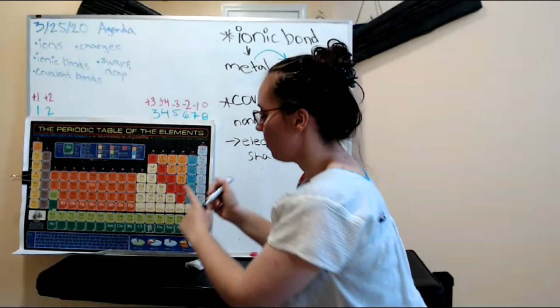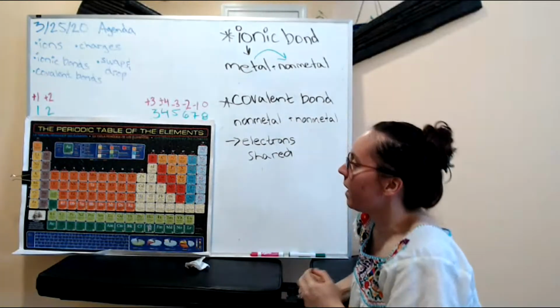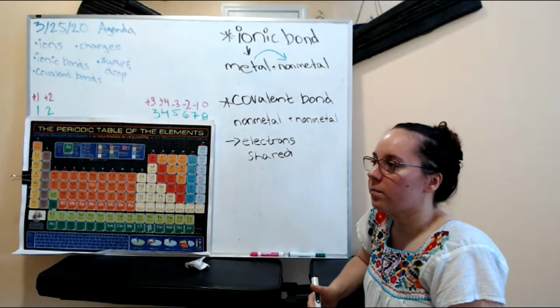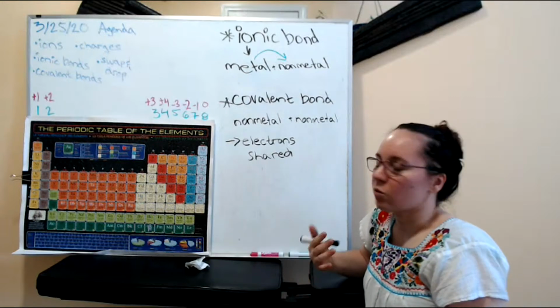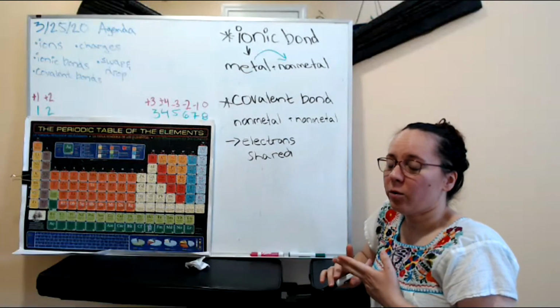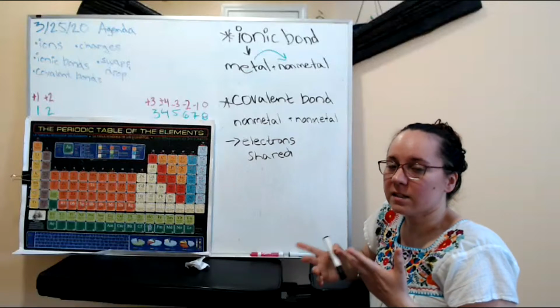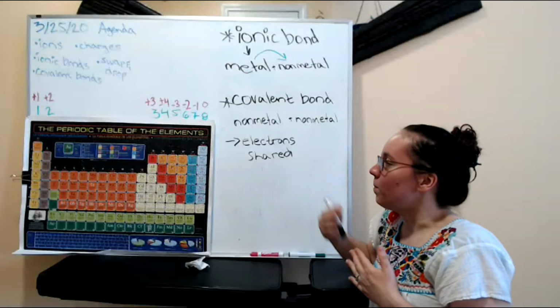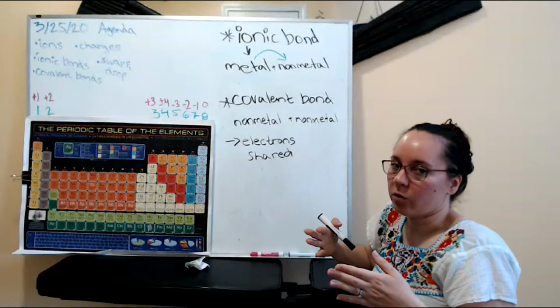Covalent bonding can get a little complex, so we're not really going to go too much into it. For covalent bonds, all you really need to know is what a covalent bond is, the fact that it's made up of 2 nonmetals, to be able to recognize on a piece of paper whether it is ionic or covalent, like if they give you the chemical formula, or you need to be able to go back and forth between the name and the chemical formula.